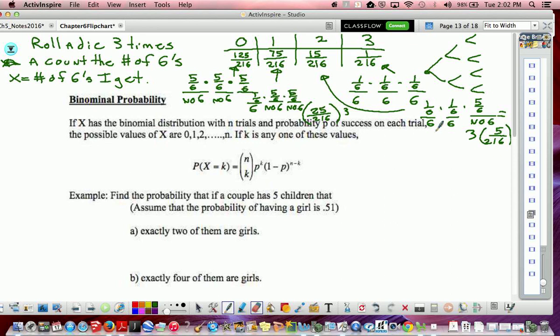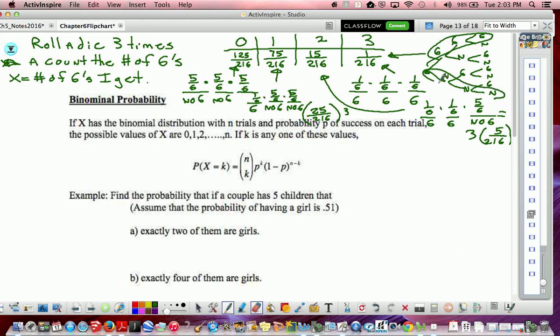Think about it like this. If I look at my tree diagram up here, it's like doing 6, no 6, 6, no 6, 6, no 6. When I do all the 6s, that's what I got here.